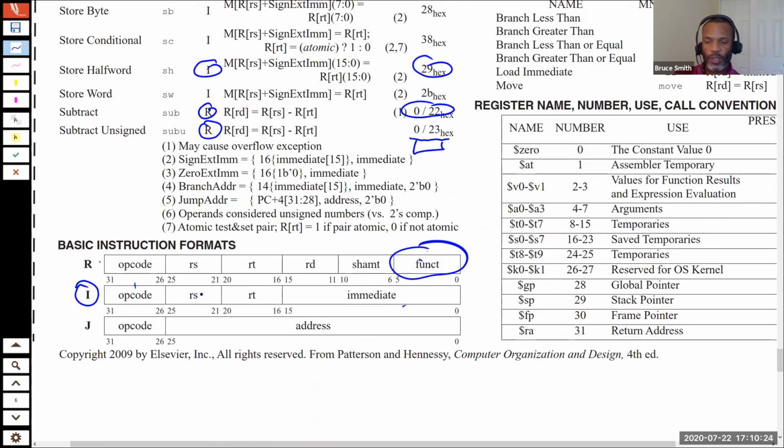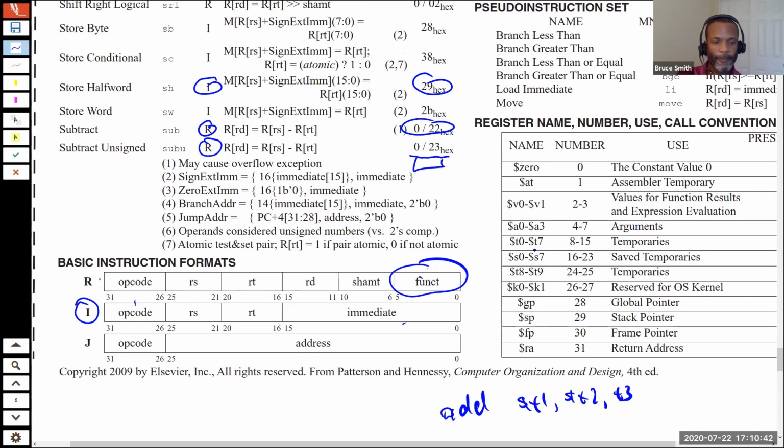So remember an R-type instruction is something like an add that has a T1, T2, T3. These registers can also be identified with numbers.